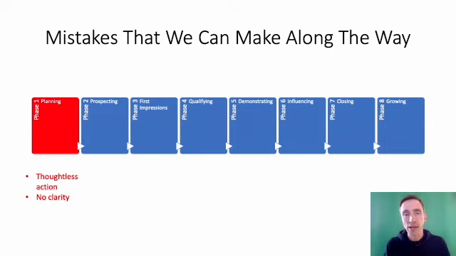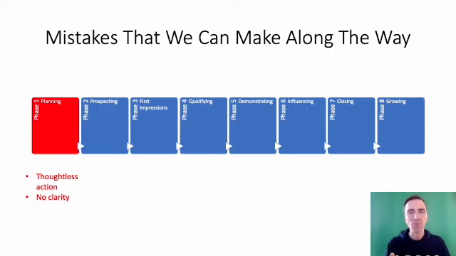Secondly, no clarity. Again, whether small or large organizations that I've worked with over the years, it's very clear that the great and highly successful organizations have great clarity, but also there are a lot of leaky bucket challenges that other organizations experience because there is no clarity about who the ideal client is, where they can find them, how they will appeal to them, and how to really separate the great clients from the not so great clients.